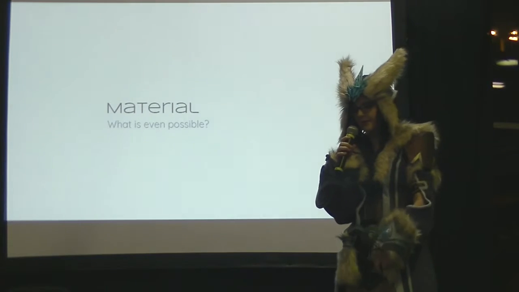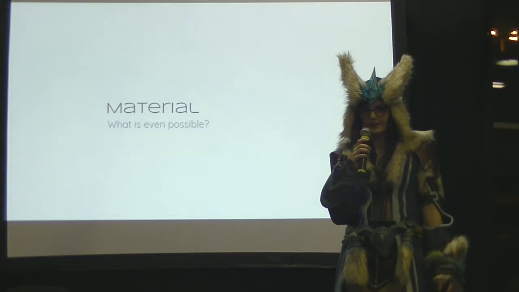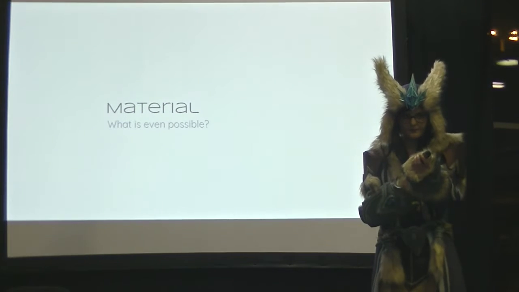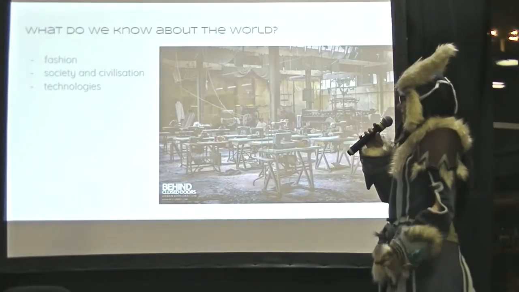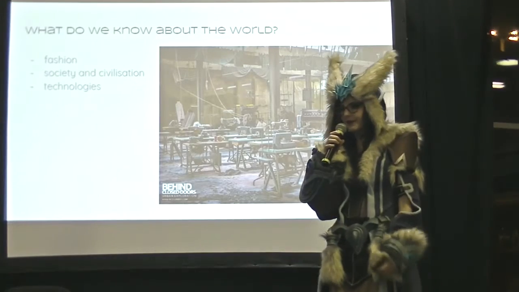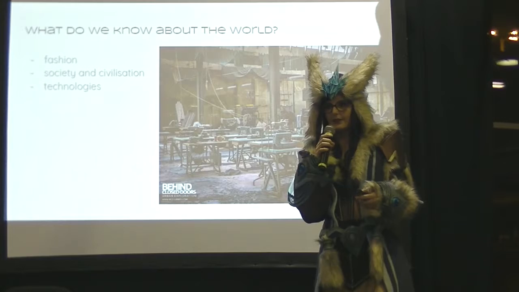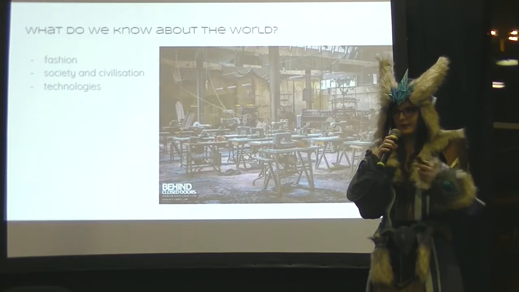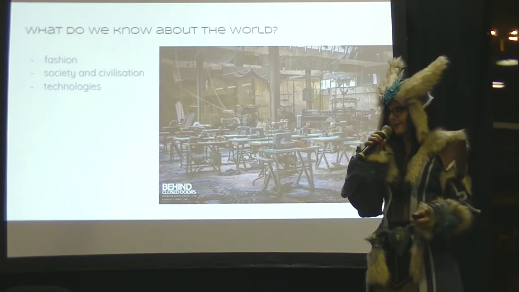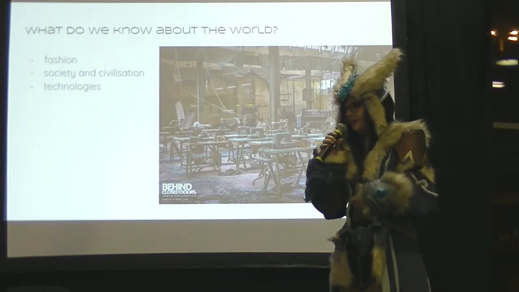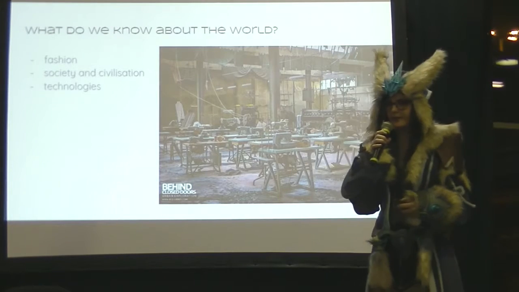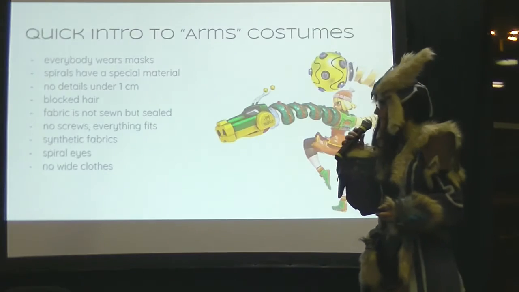Now, when we go a step further, we can talk about materials. The first thing I would like you to think about when you're designing a character is the world around him. I already said this earlier, and it becomes more meaningful when you go into designing the materials.